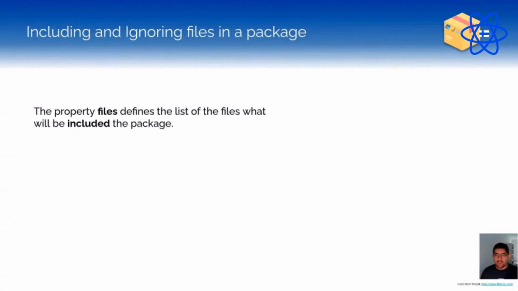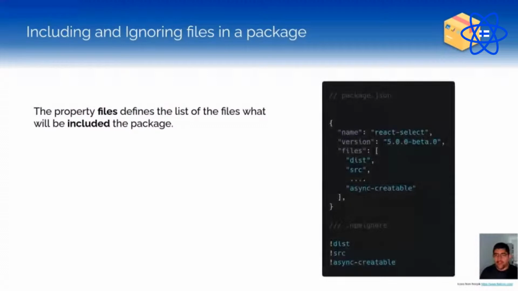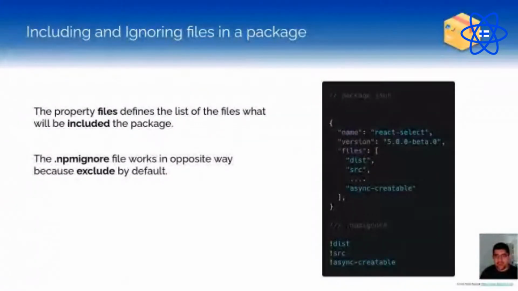The package is composed of files or folders. Those files are defined by you, and the entry point is included by default, and you have two options. The files property, which is an array, defines a list of files to be included. And there is another way, which is the .npmignore, a file in the root, which works the opposite way because it excludes files.